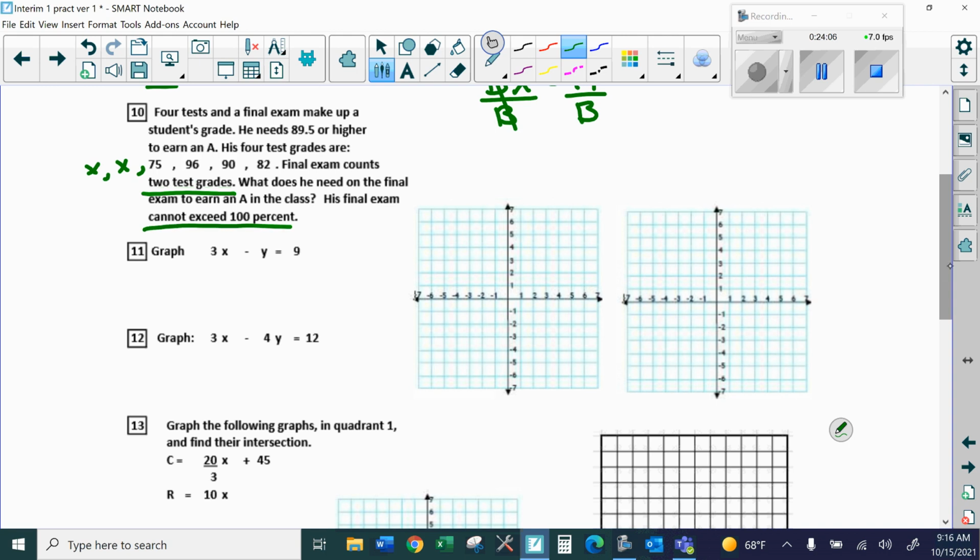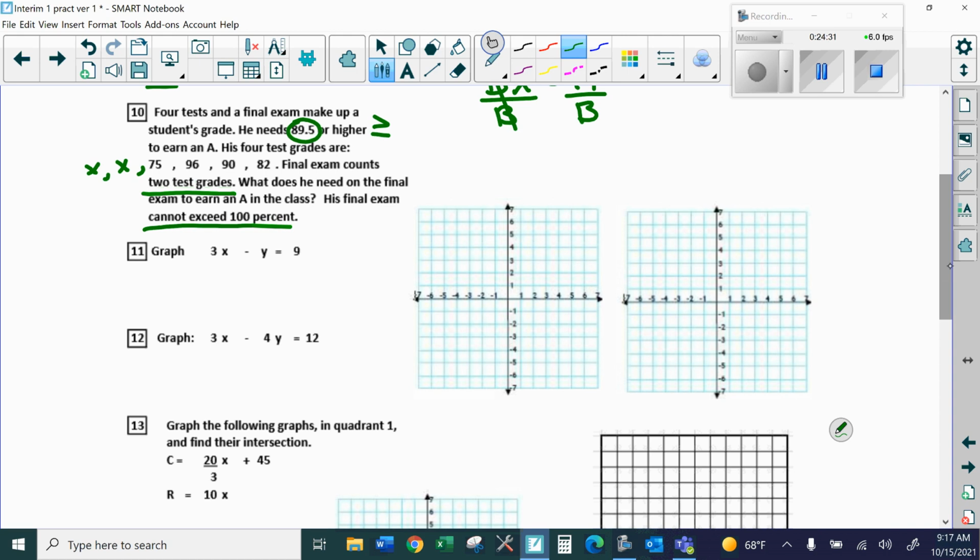So remember, to find the average, we add up all the numbers, and in this case also variables as well. Divide by the total number there are, which is 6. 1, 2, 3, 4, 5, 6, because the final exam counts 2 test grades. And then set that equal to 89.5. Okay, so we have to score at least 89, which means greater than or equal to 89.5.